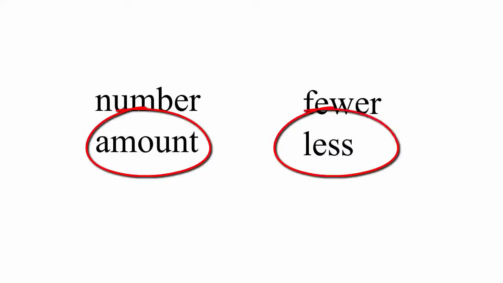It's something that is more vague. It isn't actually something that is countable. So in these cases, I would use amount and less. I would say I need a certain amount of bird seed. And I might say I need less bird seed because there aren't as many birds.